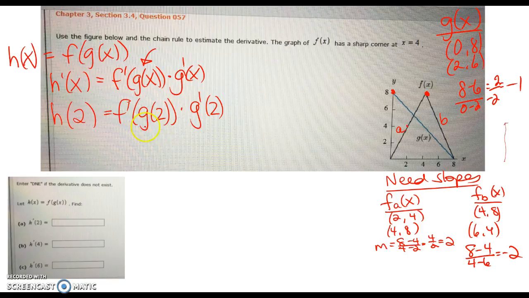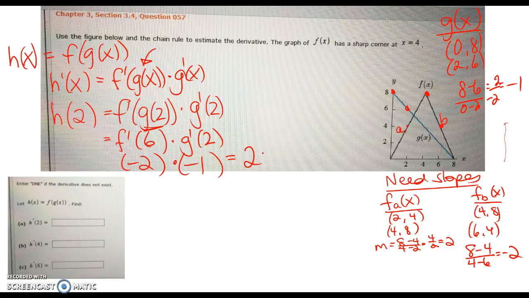So first I'm going to read right off the graph, what is g of 2? Well, that's 6. So f prime of 6 times g prime of 2. Well, f prime of 6 is on the B side, so we use the slope at 6, which is negative 2, and then the slope of g, which is the same throughout, which is negative 1. So this is 2. So that's h prime of 2.